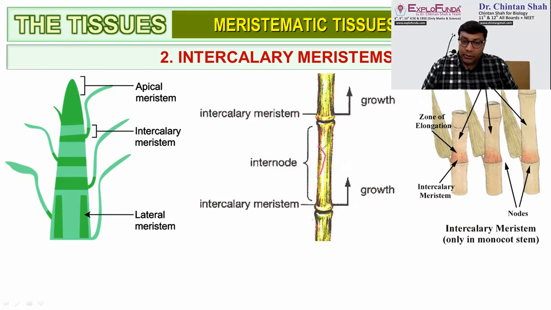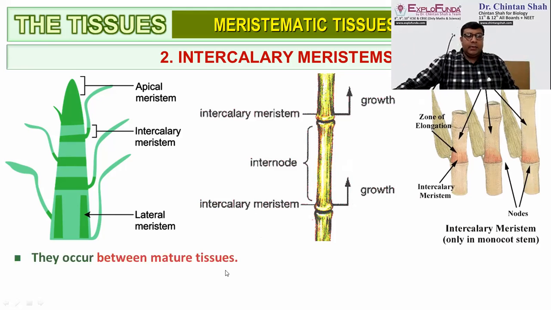Then intercalary meristematic tissue will regenerate these portions. For that, it is present over here. How it will take place, we will study later on, because for that I have to show you de-differentiation, redifferentiation, and some other terms. But that's not given in this chapter, and that's why we are not talking about it. Is that clear? Yep. So let's go further.